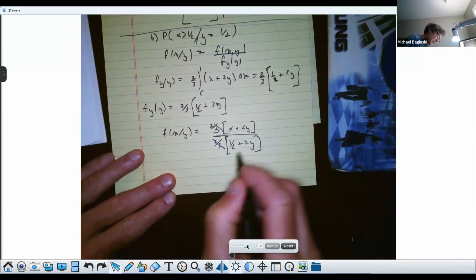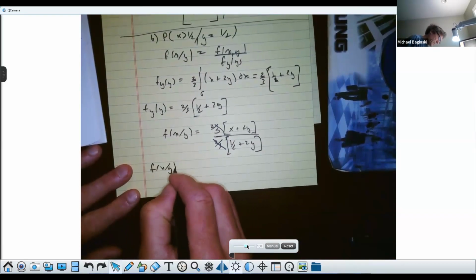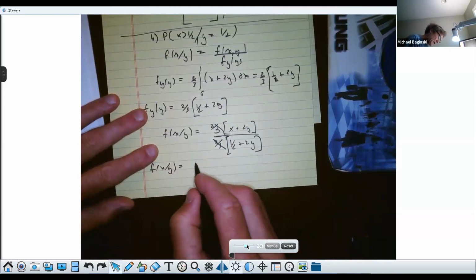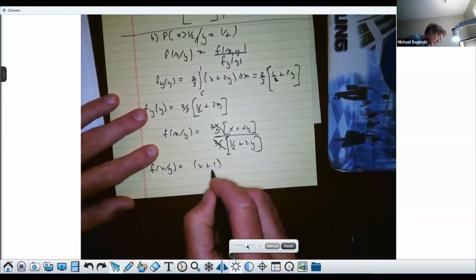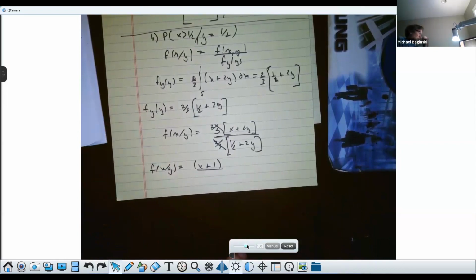So that means this. Right here, since y is equal to 1/2, I get x plus 1 over, and that's 1/2, that's 1 plus 1. So it's x plus 1 should be the density, it should be f of x given y, where y is set equal to 1/2. Do you all agree with that, class?